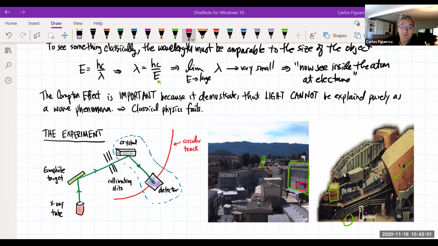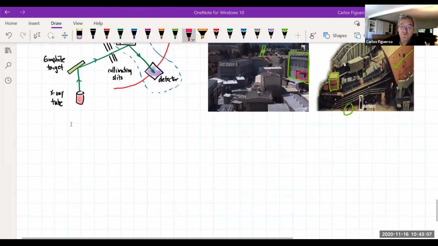The first thing you're seeing is that when Compton did the experiment, he had a wavelength of 0.0709 nanometers. His X-ray tube produced that.